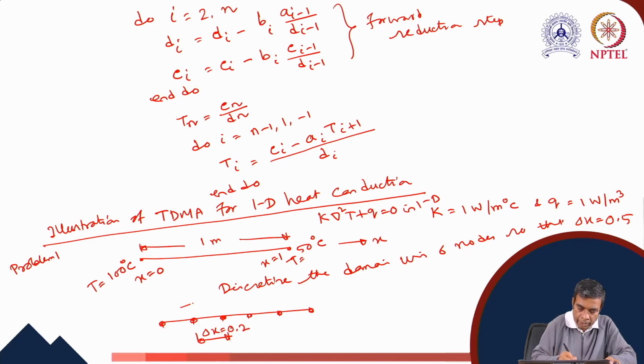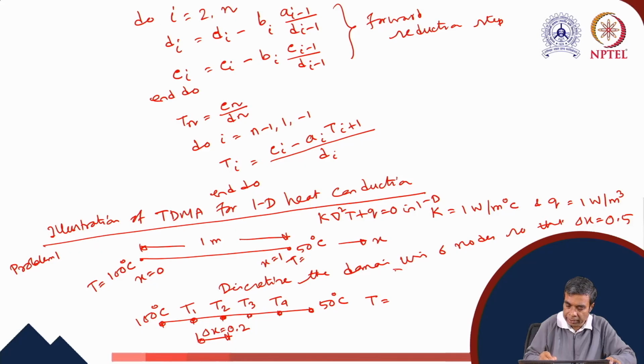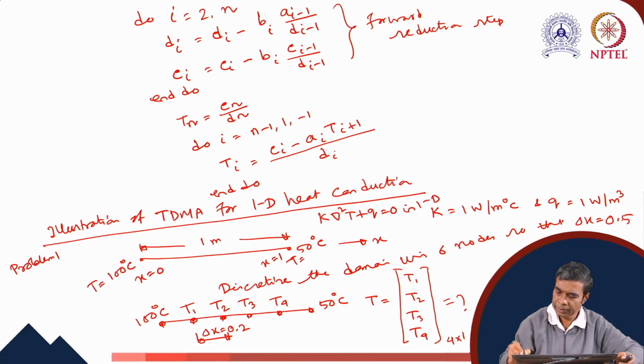So this is unknown temperature T1, unknown T2, unknown T3, unknown T4. The known left hand boundary temperature is 100 degrees centigrade and right hand side boundary temperature is 50 degrees centigrade. So temperature is our degree of freedom T1, T2, T3, T4. We have to find it. Here this is an error in writing. The mesh size is 0.2.